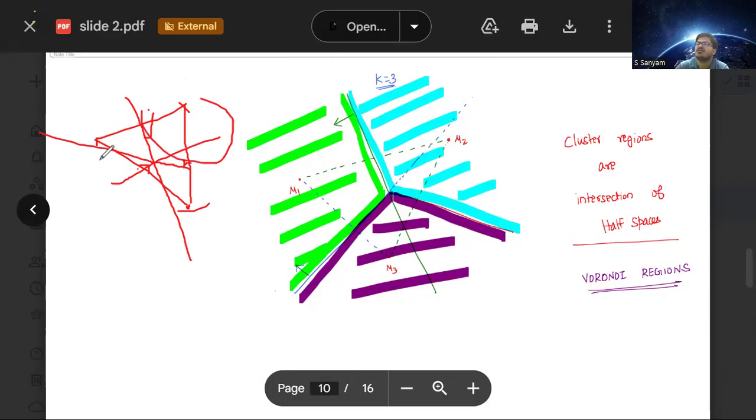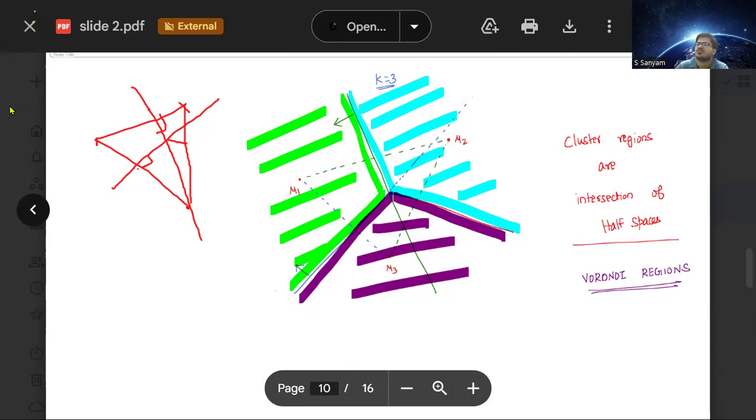This will be cluster 1, this will be cluster 2, and this will be the other cluster. Basically, the intersection of the perpendicular distances will decide the cluster space.